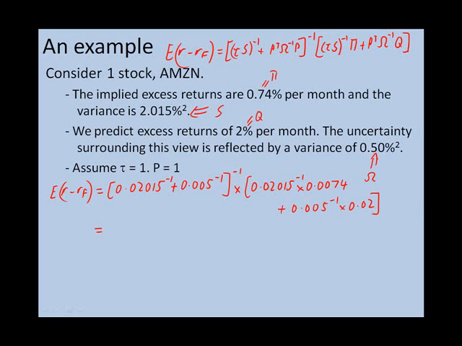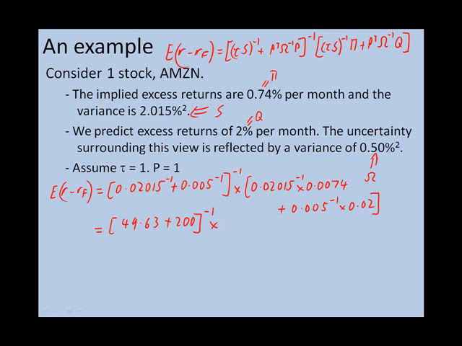Close brackets. If we do the calculations, we get 49.63. That's what we get from 0.02015 to the power minus 1, plus 200, the value of 0.005 to the power minus 1. And that's all taken to the power of minus 1.